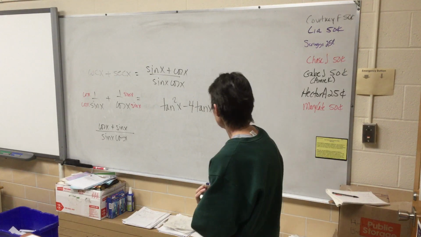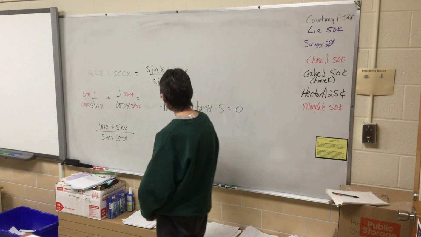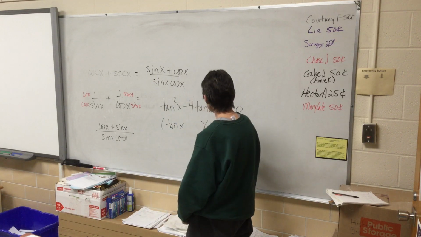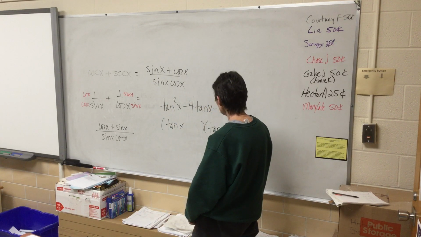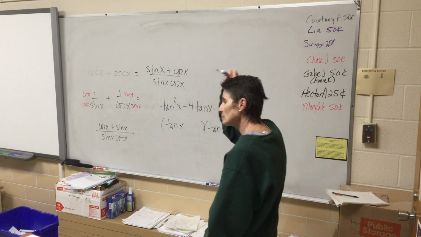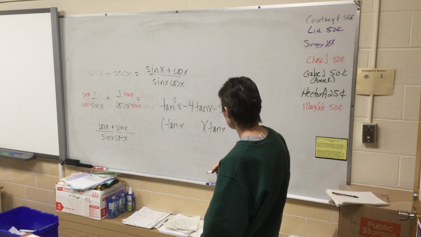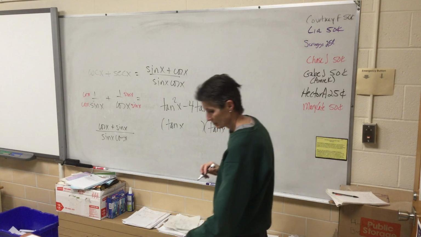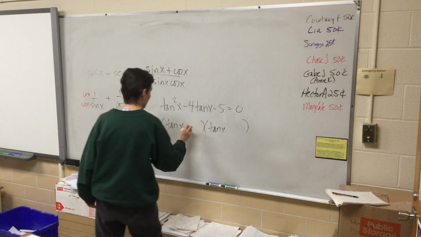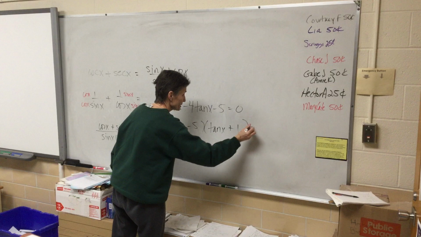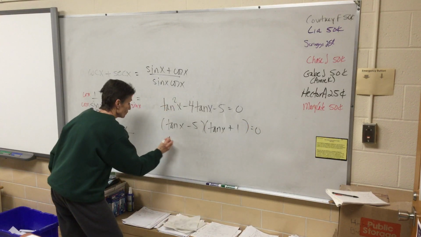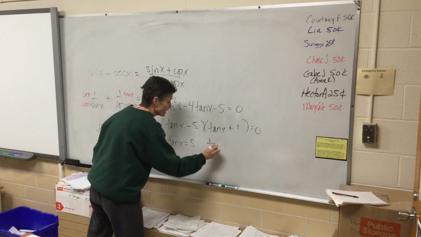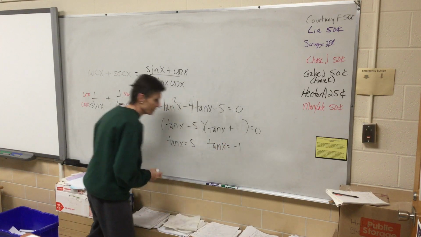Factor it, yeah. Factoring is distribution, that's right. So we're going to factor it. And how does it factor? Two parentheses, minus 5 plus 1. That sounds good to me. So tangent equals 5, or tangent equals -1.